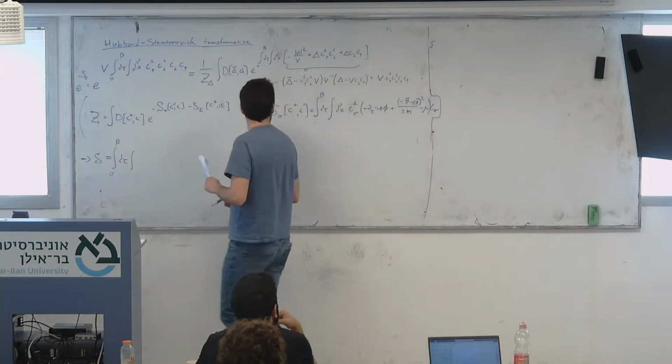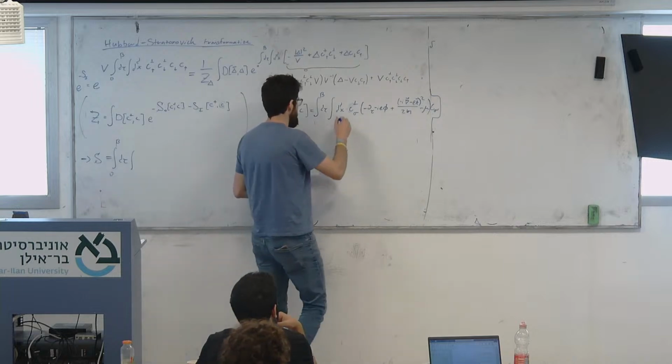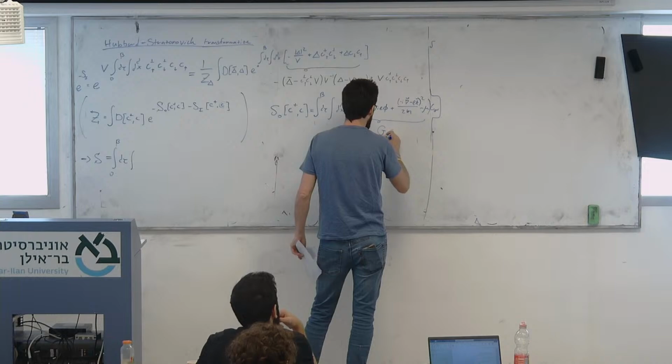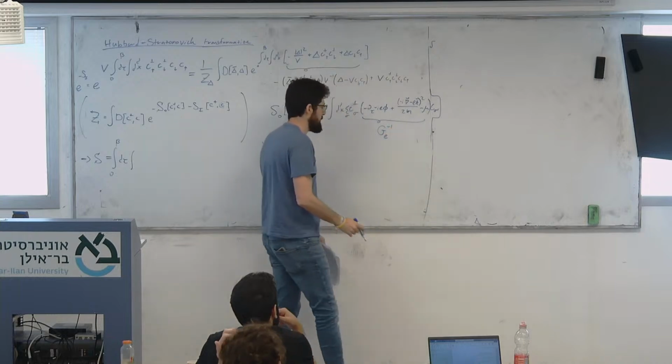Yes, there's a sum over sigma. So this thing is what we call G electron to the minus 1.